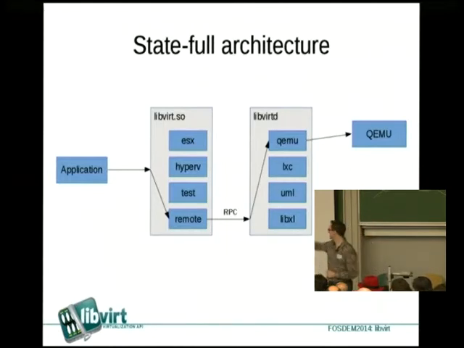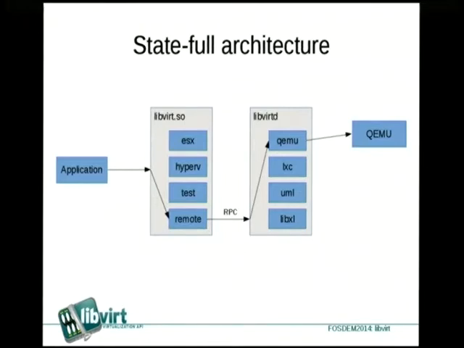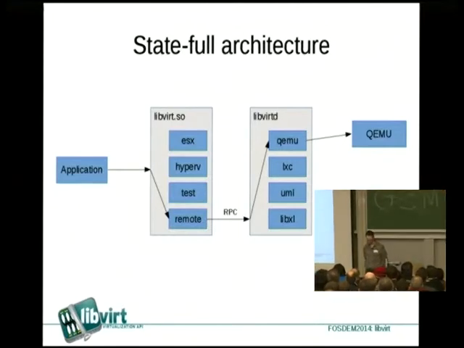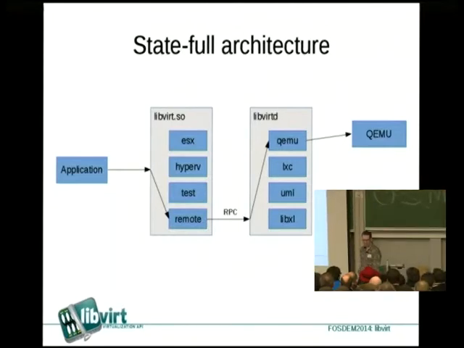So you can see in this example, the application talks to the Libvirt library. The Libvirt library uses our generic RPC mechanism to talk to the Libvirt daemon. And the Libvirt daemon then talks to the QEMU processes, and in the case of QEMU, it talks to QEMU via the QEMU monitor interface. So that's a very high-level view of the architecture of Libvirt in general.